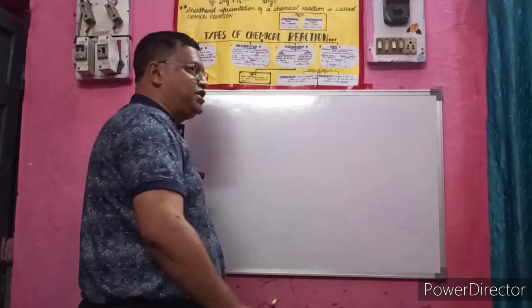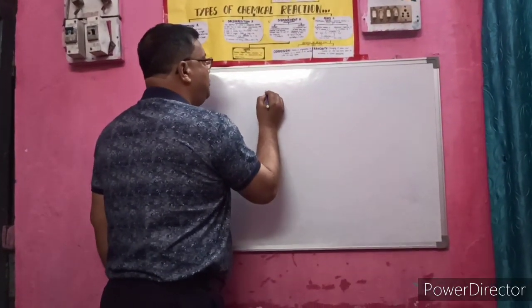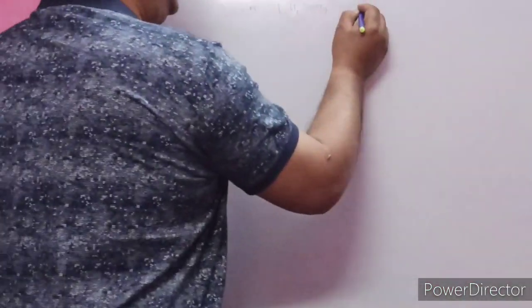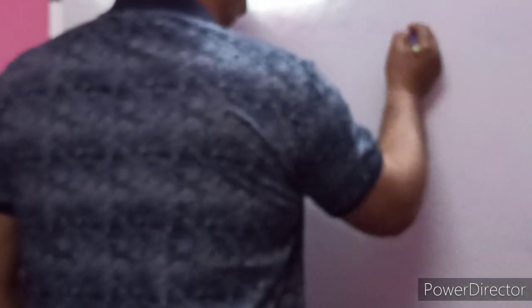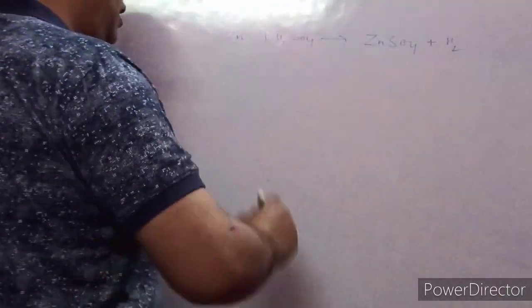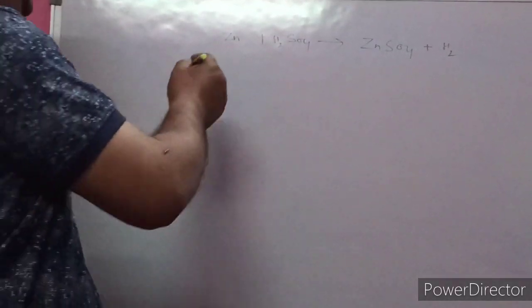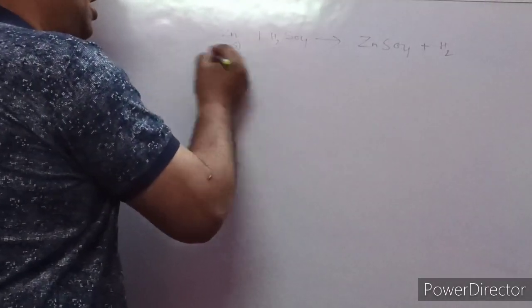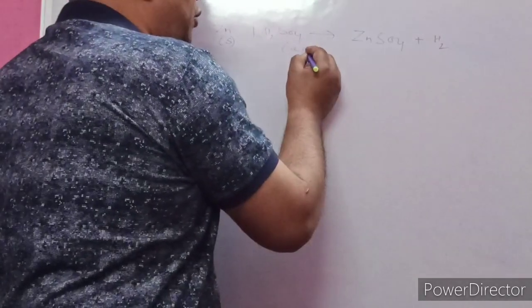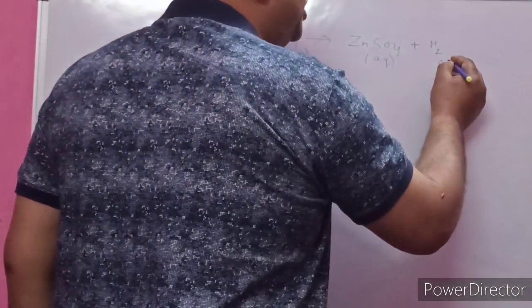Now, how do chemical reactions become more informative? Suppose I take zinc plus H2SO4. It becomes ZnSO4 plus H2. What information can we get? First, the physical state of the substance. Zinc is solid, sulfuric acid is aqueous, and zinc sulfate is also aqueous, with hydrogen gas.